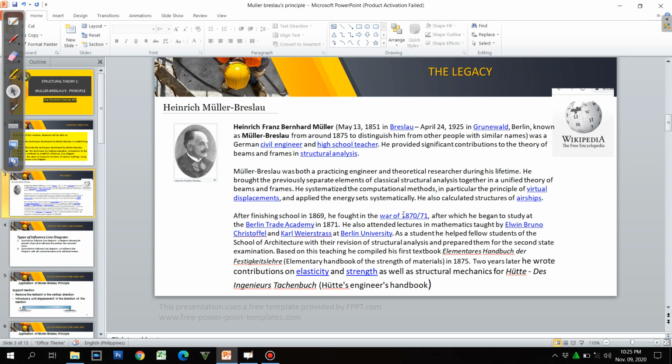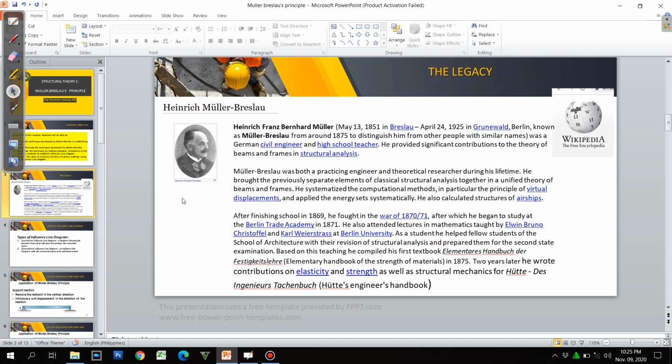He brought the previously separate elements of classical structural analysis together in a unified theory of beams and frames. He systematized the computational methods, in particular the principle of virtual displacements, and applied the energy sets systematically. He also calculated structures of airships. So as we can see, he has done a lot of legacy in structural analysis.